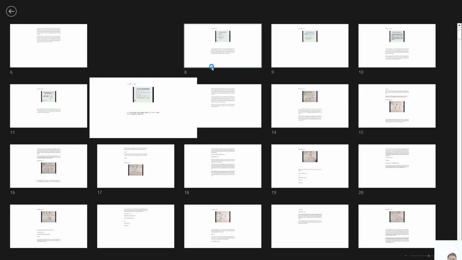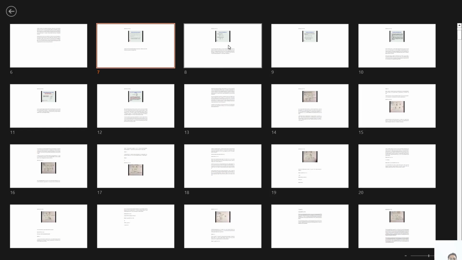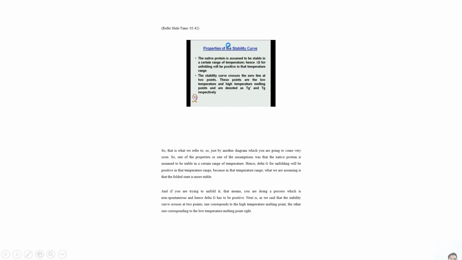If you recall the thermodynamic equations, we had looked at the thermodynamic relations before in one of the sessions, and these are some of the relations we are going to be using quite often in this field. Now, properties of a stability curve.